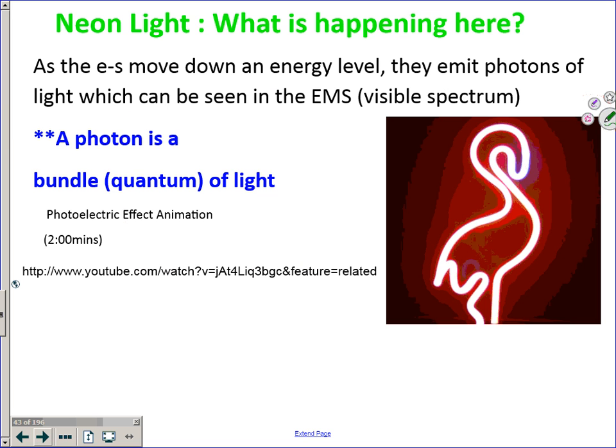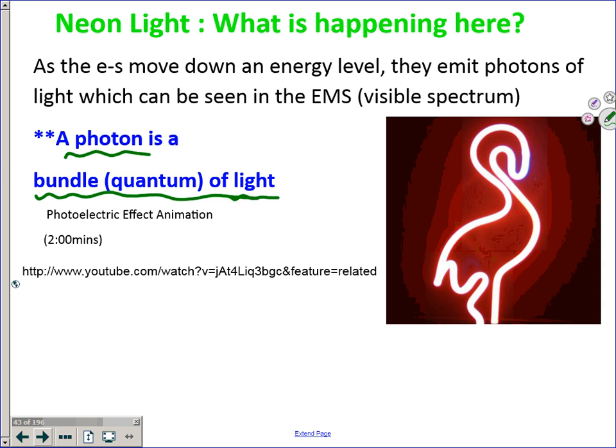So looking at this, this is just a quick definition. Let me just tell you this first. We just talked about what photo meant, so photon is the term we'll be using more specifically. But a photon is not just light, but a bundle of light. It's like a packet of light. That's how we see all the colors that we see every day. That's what we're seeing from the light sources above us.